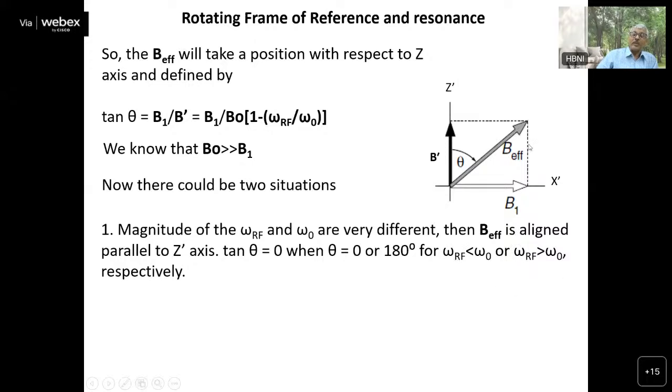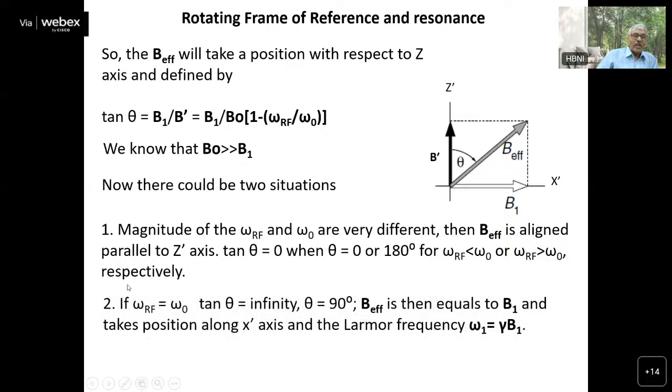Then B effective will be along the minus Z axis. The second situation is that if omega RF is equal to omega 0, tan theta will be infinity. And when tan theta is infinity, theta is equal to 90 degrees. Automatically you will see B effective will now lie along the X prime axis. So that means the effective field will be along the X prime axis.